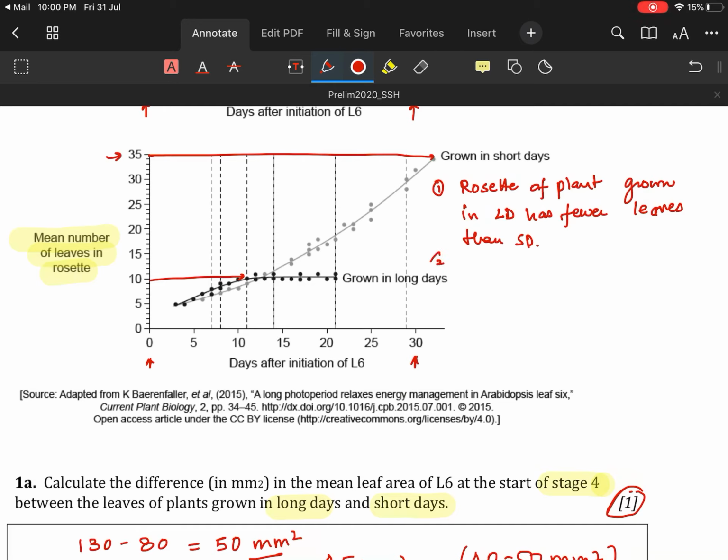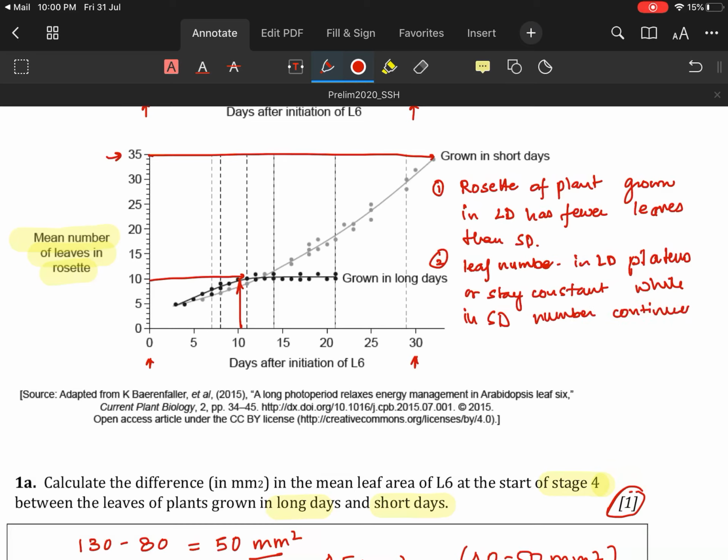Another thing you can see is that the number of leaves becomes constant in long day plant. It becomes constant after around 10 days. So you can say that leaf number in long day becomes constant or plateaus, while in short day the number continues to increase.